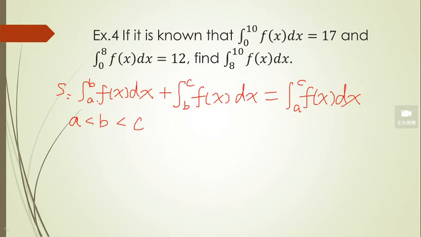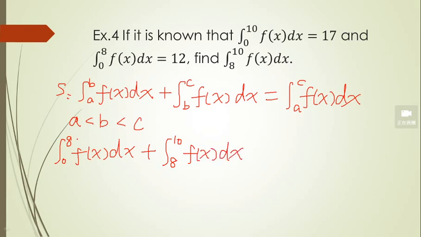It doesn't matter if this lower limit is a larger number, and we know that the integral from a to b actually equals minus the integral from b to a. Similar to the formula, even though we don't know the function, it doesn't matter. We can form the additivity in this way: from 0 to 8 plus 8 to 10.